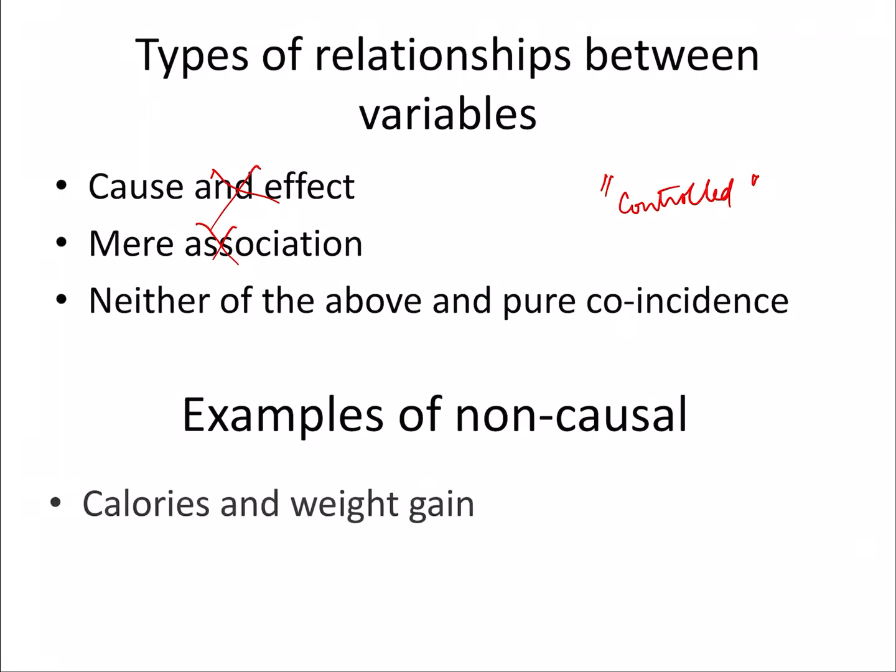When you think about examples of non-causal relationships, calories and weight gain. If we pick two groups of people and fed them different amounts of calories, hoping to see one group consistently show in all individuals a weight gain due to increased calories, and the second group not show as much weight gain, perhaps due to a lower level of calories, we may find that the result is all over the place because we haven't accounted for, say, a differential metabolic rate between individuals.